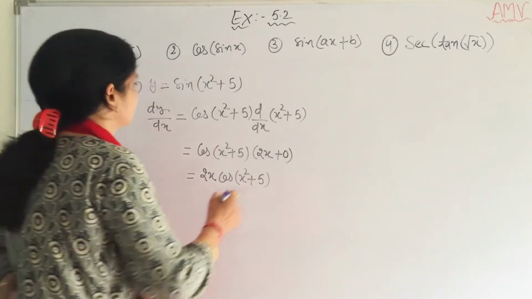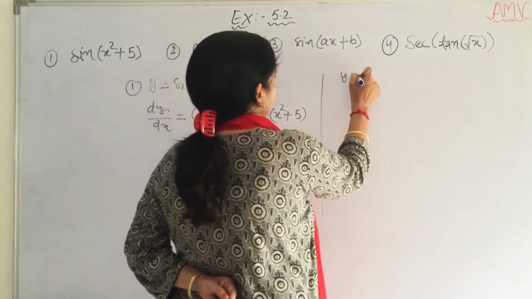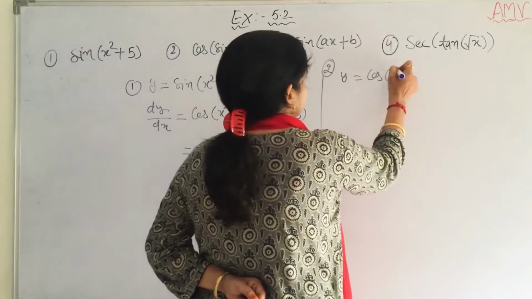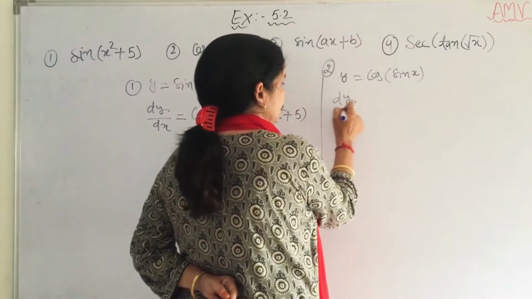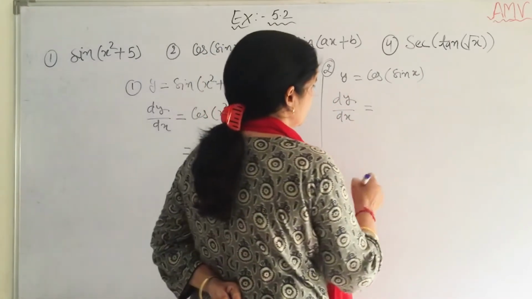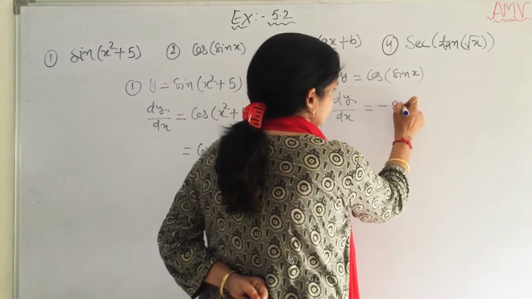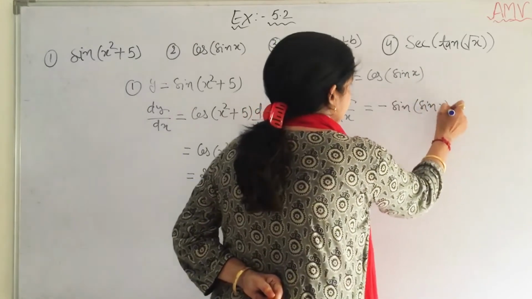For the next question, if y is equal to cos (sin x), we are finding dy upon dx, the derivative with respect to x. So the derivative of cos is minus sin. This sin, write as it is: sin x.